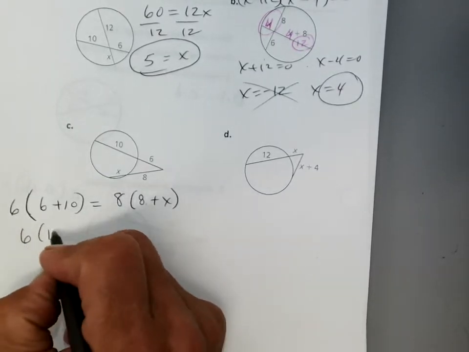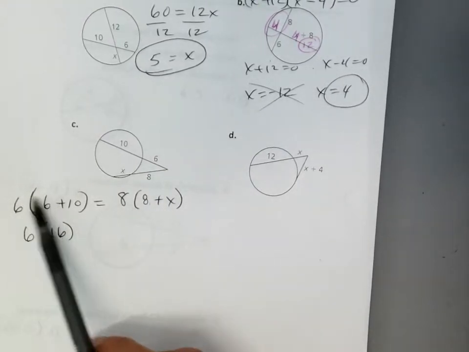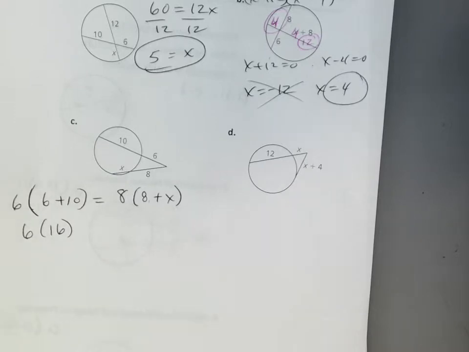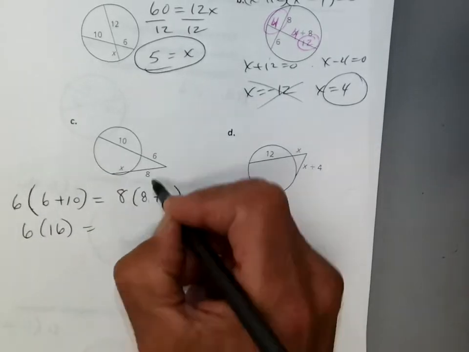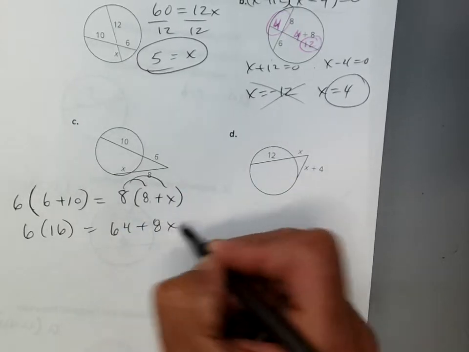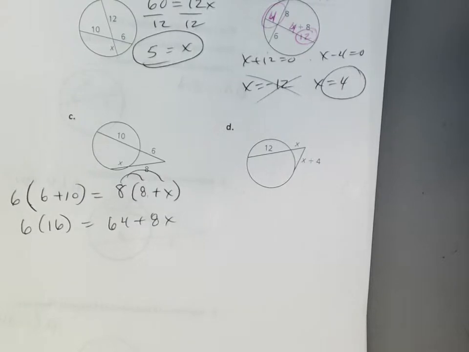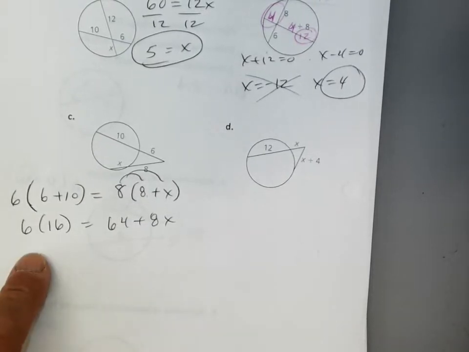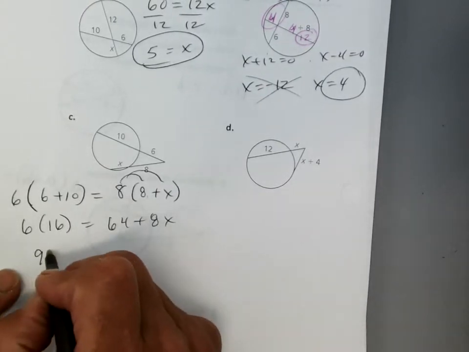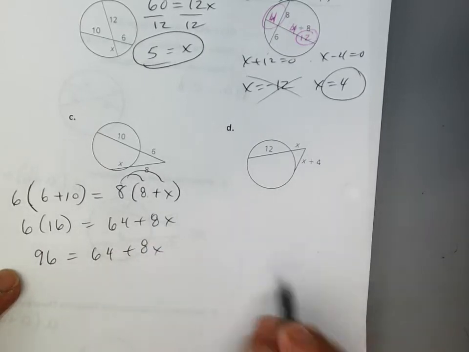6 times 16. You could distribute, but why not just go 6 times 6 plus 10, equals 64 plus 8x. How am I doing? Okay. Is it 74? I believe it's 6 times 16. 96. 96 equals 64 plus 8x.